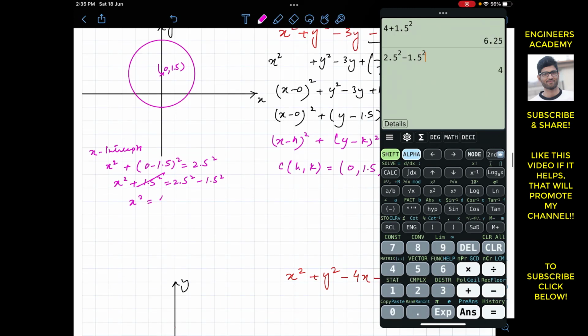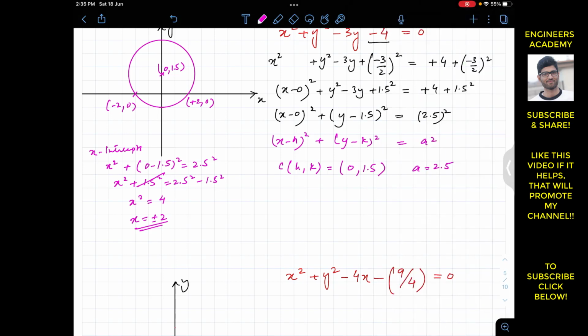This gives us 4. And if we take the square root, x is equal to plus minus 2. As we can see, here we have 1 division, 2 division, and 1 division and 2 division. So the x-intercept is at (2, 0), and similarly we have an x-intercept here as well, and this is (−2, 0).